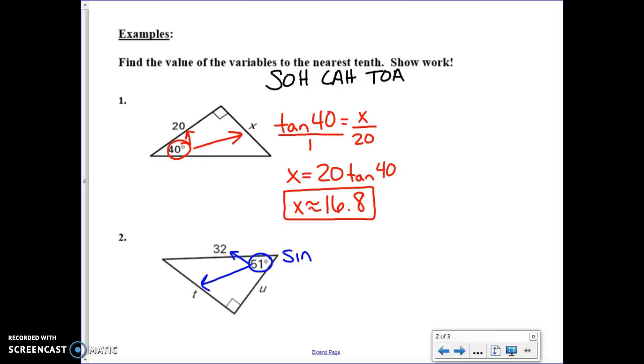So I do sine of the angle is equal to opposite over hypotenuse. And again, I'm going to put that over 1 to make it easier to solve. So I get t equals 32 times the sine of 51. So then when I plug that into the calculator, t is approximately 24.9.